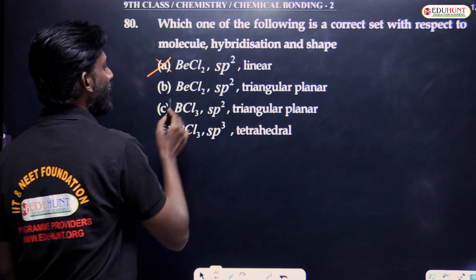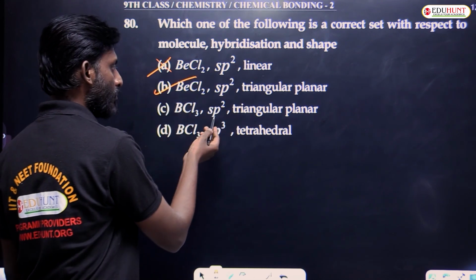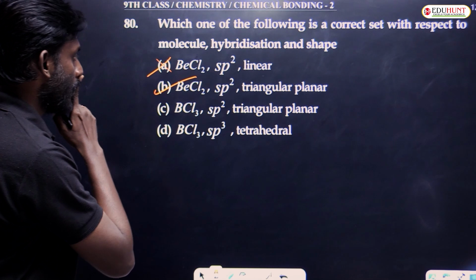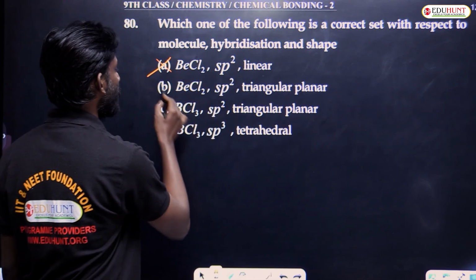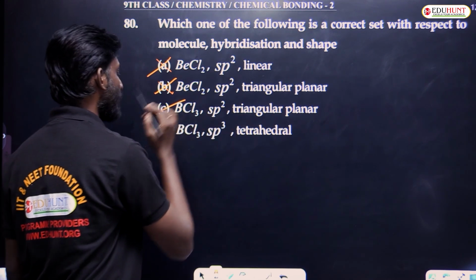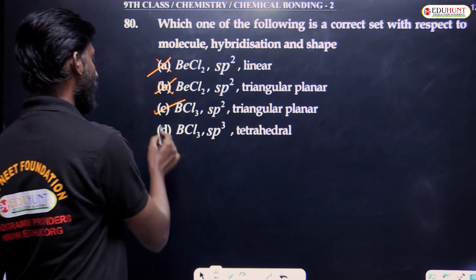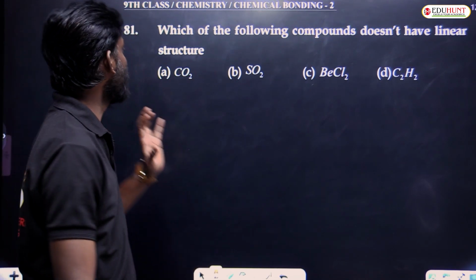This is wrong. BeCl2 sp2 trigonal planar, that is wrong. BeCl2 is sp, so this is also wrong. BeCl3 sp2 trigonal planar, that is correct.